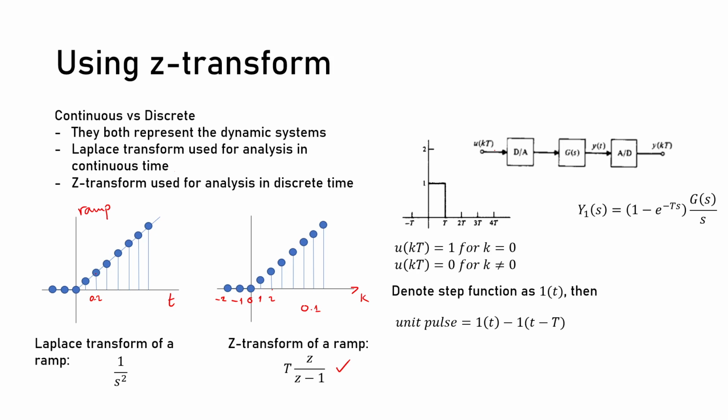Here you can see a control engineer can use some devices. For example, this one is an analog to digital converter in order to sample data from the output.